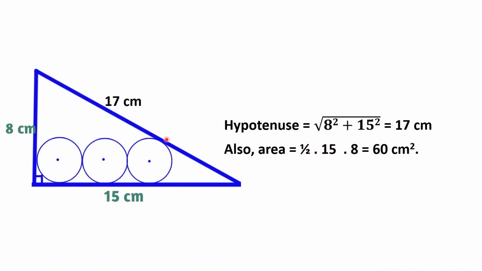Now first we find the hypotenuse. Two of the legs are given, 8 and 15. So by Pythagoras theorem, the hypotenuse will be equal to the square root of 8 squared plus 15 squared, that is 17 centimeters. And we also find the area of the right angle triangle, which is half base into altitude, that is half into 15 into 8.